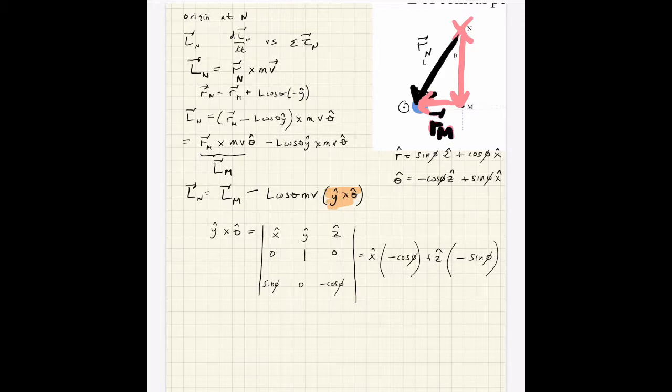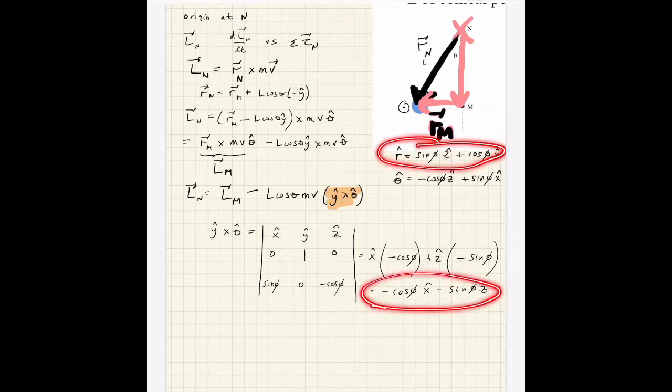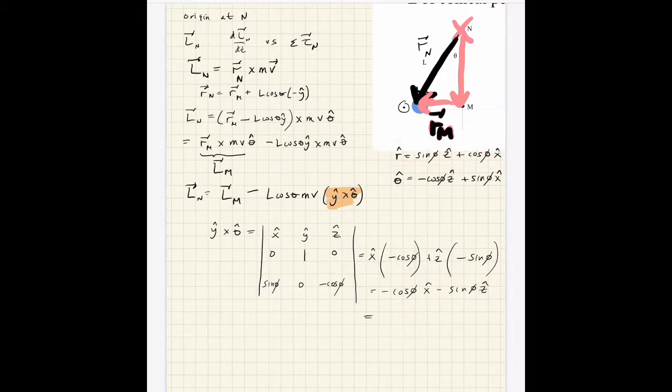And so this is going to be equal to minus cosine phi x hat minus sine of phi z hat. And if you look up above, you'll see that this is just minus the r hat direction, minus the radial direction. So y hat crossed with theta hat is minus the radial direction in this case.